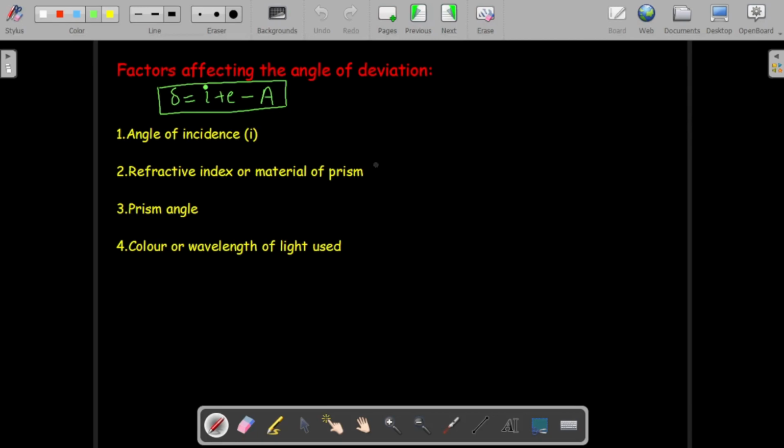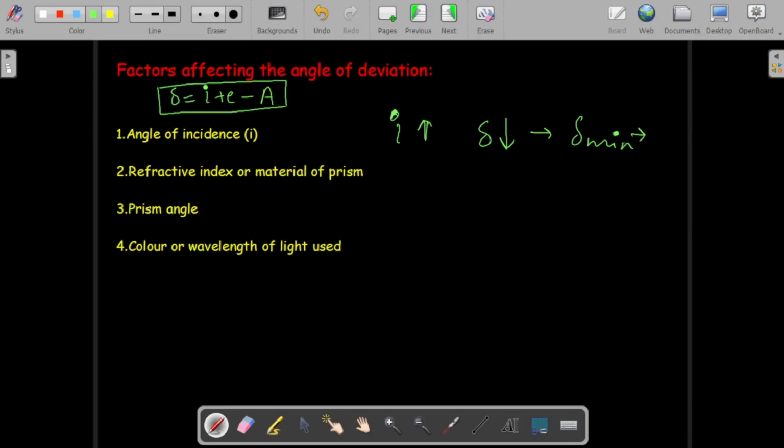It has been experimentally found that as we increase the angle of incidence bit by bit, first this delta, that is the angle of deviation, decreases till a certain extent, which is delta minimum, called the minimum angle of deviation.